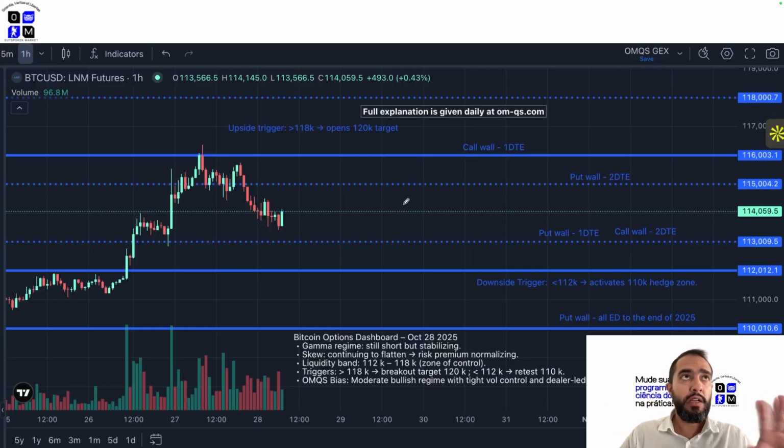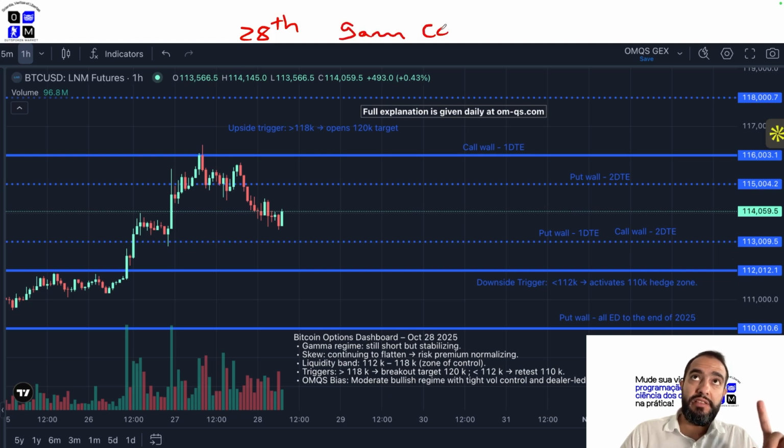Now, this is the Bitcoin chart, 1 hour. Actually, the time frame does not matter much, but just to have a nice view, I picked that one. This snapshot was taken on October the 28th at 9 a.m. CET, just to understand where we are at the moment.